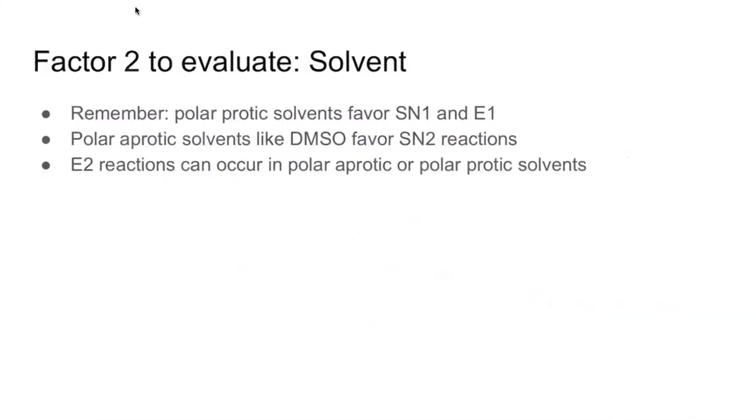Alrighty. So a second factor that we can look at when we're trying to figure out what type of reactions can take place is the solvent. And I know that Corel and Brendan kind of talked about this on Friday, but it's definitely good to review. Polar protic solvents tend to favor SN1 and E1 reactions.